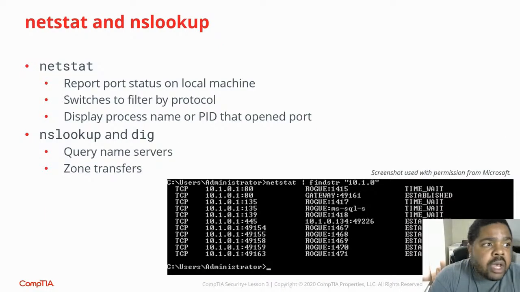Another way we can find out different types of PCs that are out there on the network is to do a netstat command, and that's showing everything that we have a connection to. You can pull this command up, and you'll actually see how your PC is communicating out to different services and different applications.